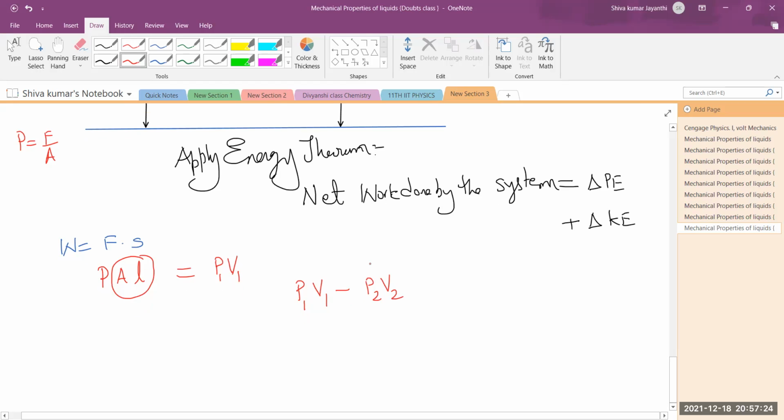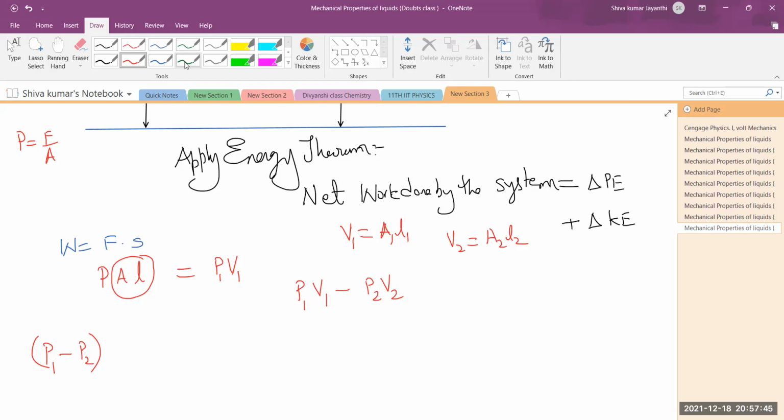V1 is A1 L1, and V2 is A2 L2, but the volume of entry is equal to the volume of output. So P1 minus P2 into V only, because both are the same. Let us call this delta V.